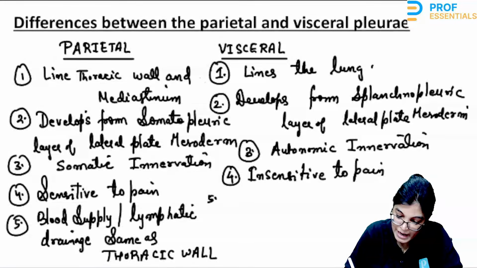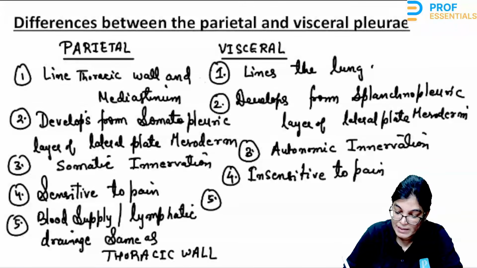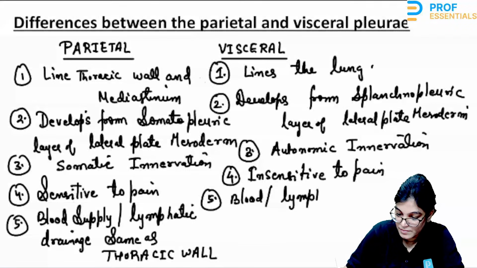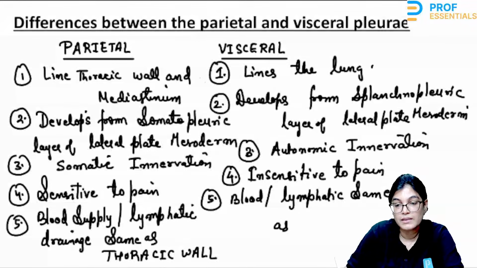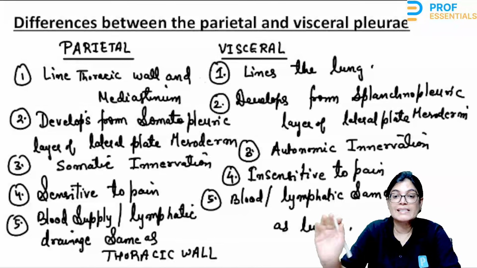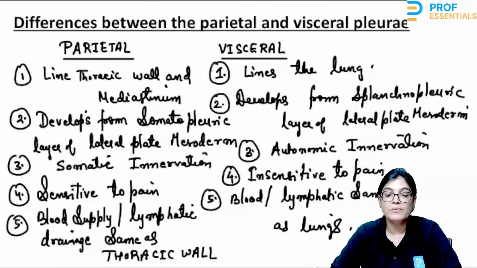And if I talk about the visceral pleura, it has blood supply and lymphatic drainage same as the lung. So this is the basic difference between the parietal and the visceral pleura. Okay.